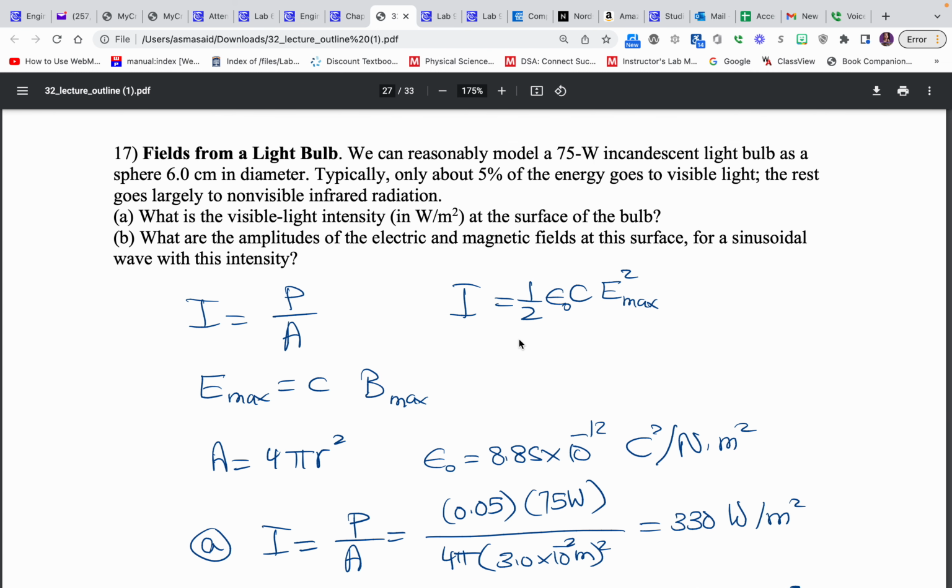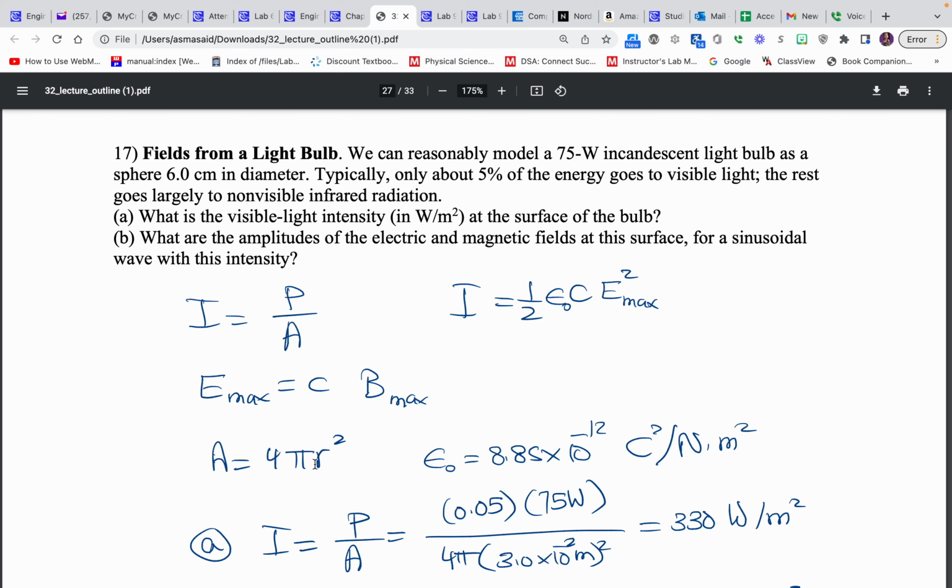Relevant ideas here. The intensity is defined as power per unit area. We know the intensity can be calculated with another equation that we can use: it is 1/2 epsilon 0 c times E maximum squared. And we know that the amplitudes of E and B are related by this equation: E maximum equals c times B maximum.